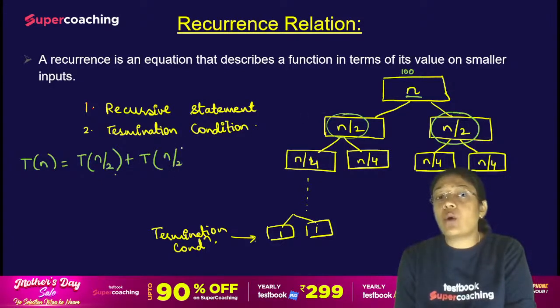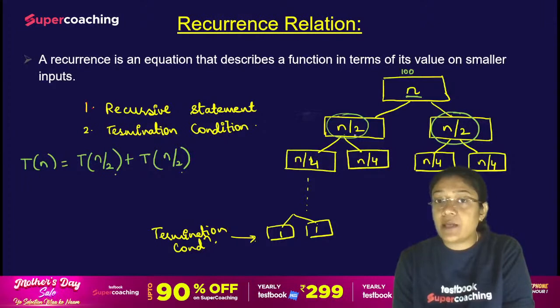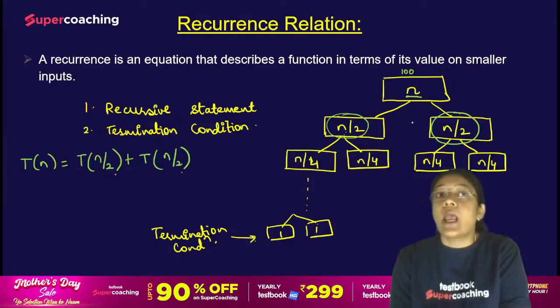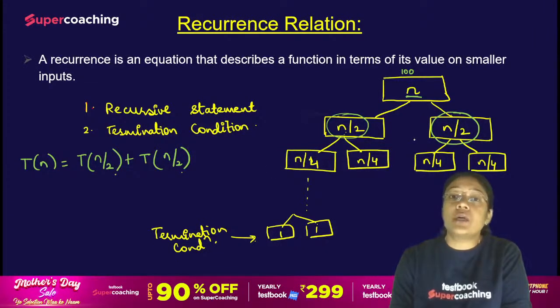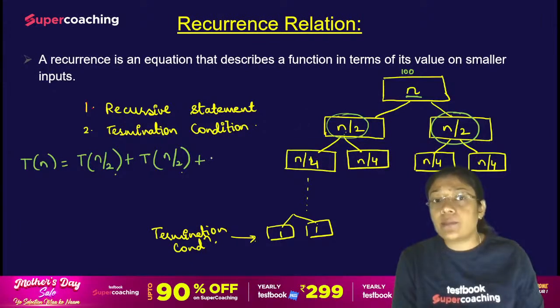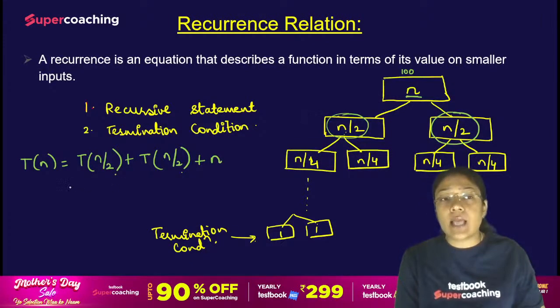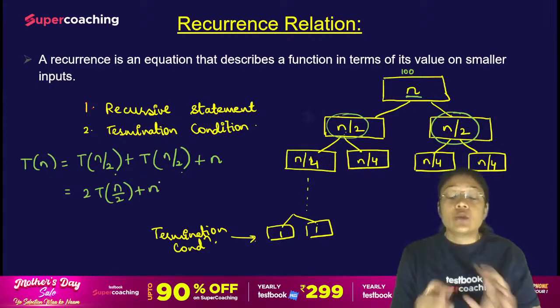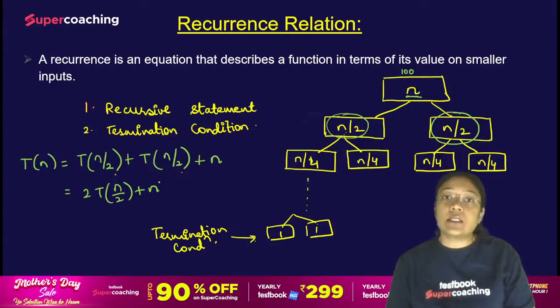This is making a call recursively. If n by 2 is a large number, again it is going to divide it into two parts. After that, to merge, since the ultimate goal is to return all the elements, some additional time is required. So I can write this as 2T(n/2) plus n. This comes from the recursive statement.